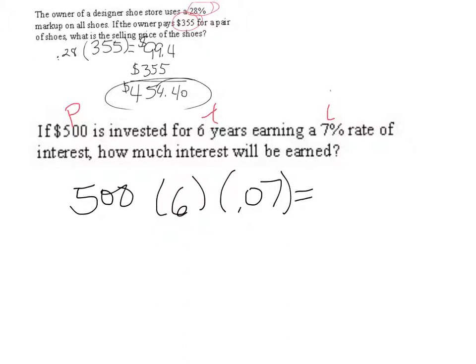So this is a lousy bank that is not giving you interest on your interest, compound interest. This is just simple interest. Wow, that's not bad. In 6 years, they'll get $210. It's not too bad. But if it were compound interest, they'd be getting interest on their interest, and so they'd actually get a lot more than that.